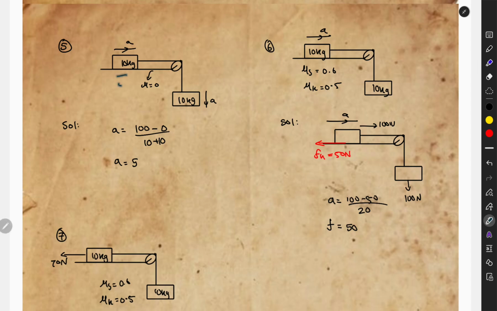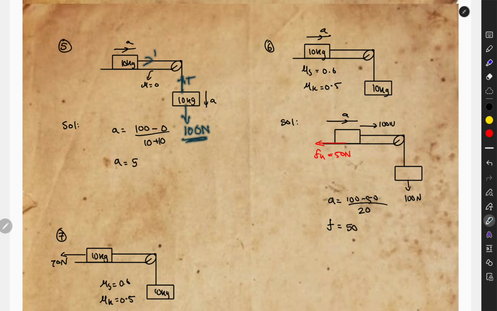So what about this question? This question is also a similar type of question where pulleys are involved. So basically a 10 kg block will exert mg force of 100 Newton, right? So when we take gravitational constant as 10, it will exert 100 Newton.